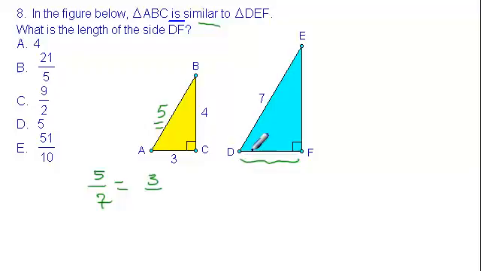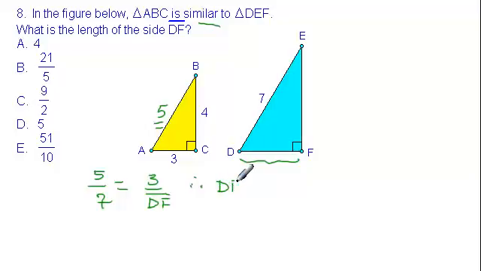The corresponding parts of the similar triangles are in proportion. So that is the length of these segments. So I can solve this and find the value of DF.